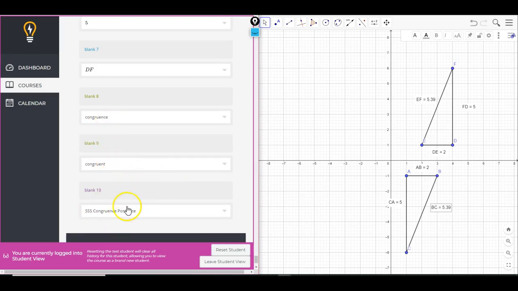And by side-side-side, we matched corresponding sides. BC is congruent to EF. AB is congruent to DE, which is a corresponding side, and CA is congruent to its corresponding side FD, and they are the same length.